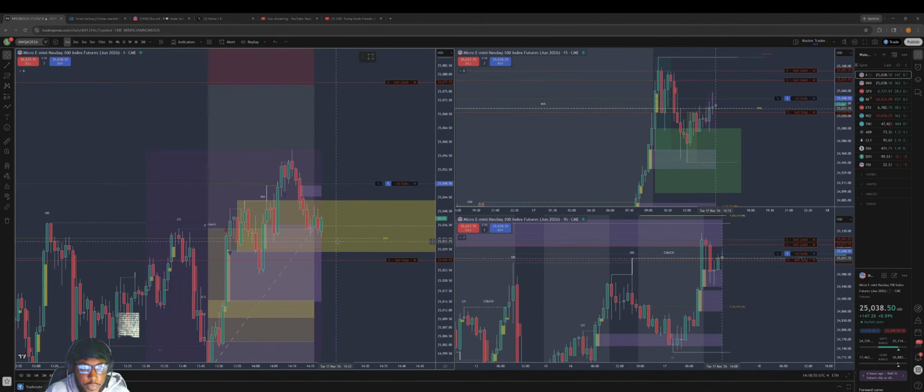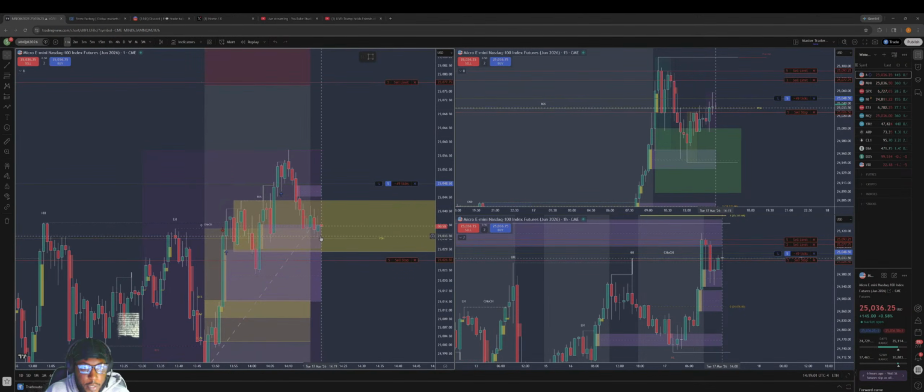So again, this is previous day high. I want these buyers to defend this gap and previous day high right here. If the buyers can't defend this gap or previous day high, then this is not our trade. That's why we got our sell stop below previous day high and below this gap.